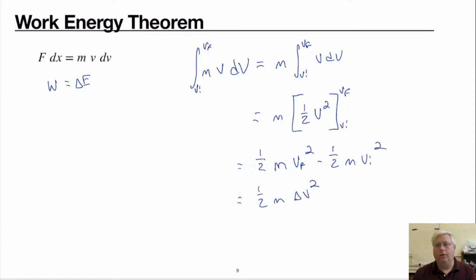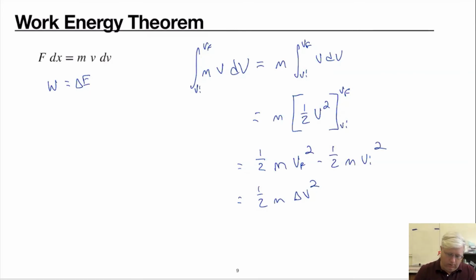As this is in terms of velocity, this is how we can describe and quantify an object's kinetic energy. Sometimes we make it even more specific, not just saying that this is the work energy theorem, but the work kinetic energy theorem.